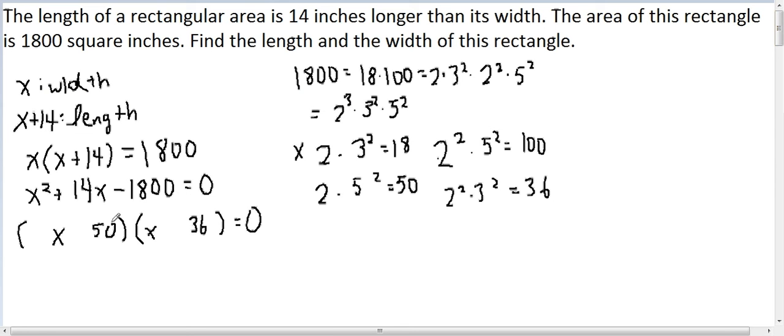14 is positive, so we need to make the bigger number positive. So x plus 50 and x minus 36. Now that we've factored this polynomial, we can go ahead and set each of the linear factors equal to 0. Then solve each of these equations for x.